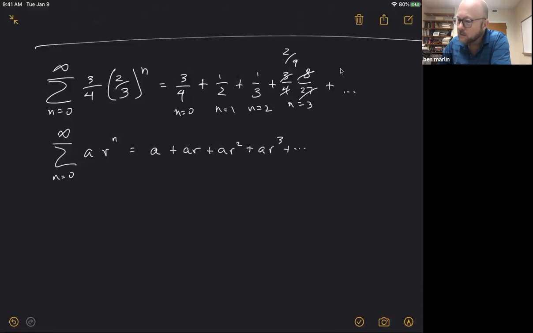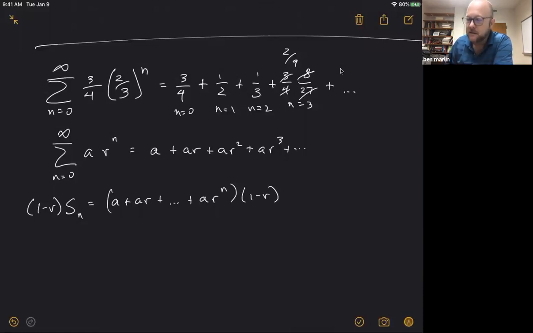Your sequence of partial sums, Sn, would go A plus AR plus on up to AR to the nth power. Now, the reason that I write this out is that I have a slick trick. If I multiply this whole thing by 1 minus R, it doesn't do anything on the left-hand side.